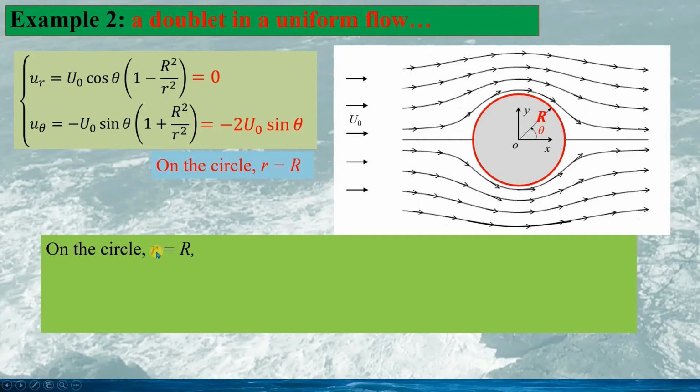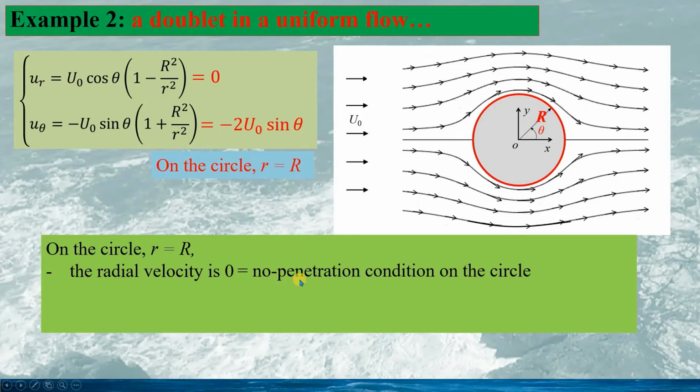Therefore, on the circle, the radial velocity is 0. It is equivalent to the non-penetration condition on the circle. That means no flow from outside the circle passes through into the circle, and no flow comes out from inside of the circle to the flow.